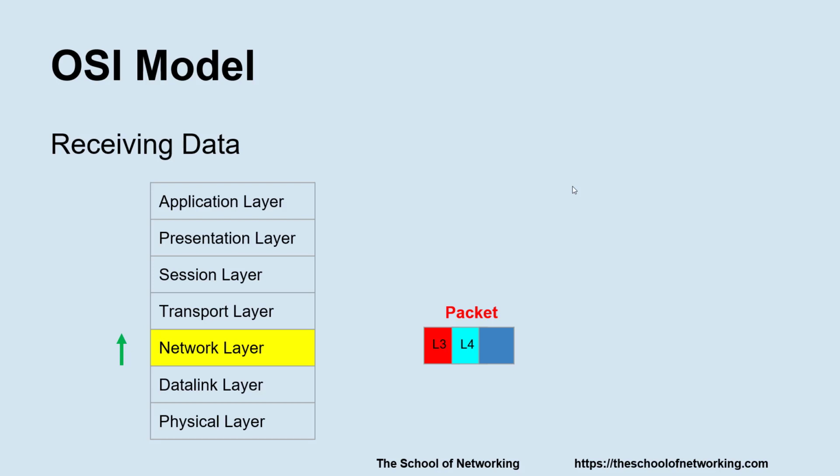The data part moves to the upper layer, that is the network layer. At the network layer, it will check: is the destination IP the receiving node's IP address? If yes, it will remove the layer 3 header and send the data to the upper layer. At the upper layer, it will again check whether the destination port is open or not.